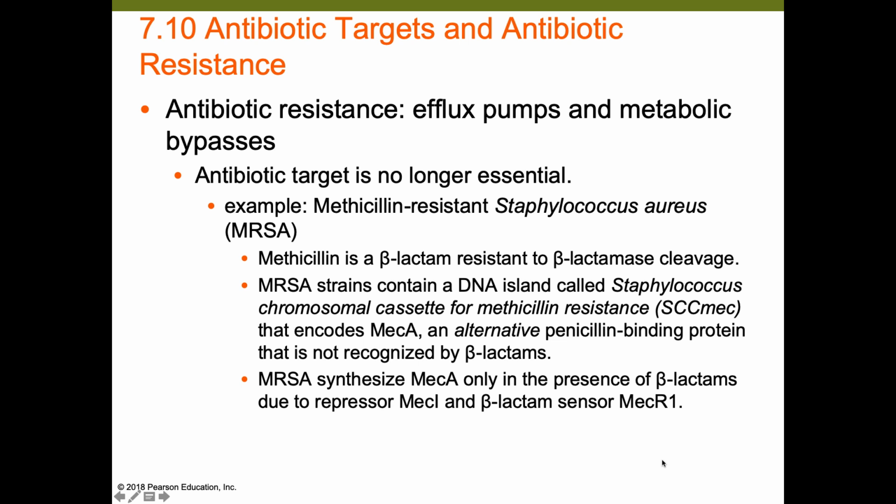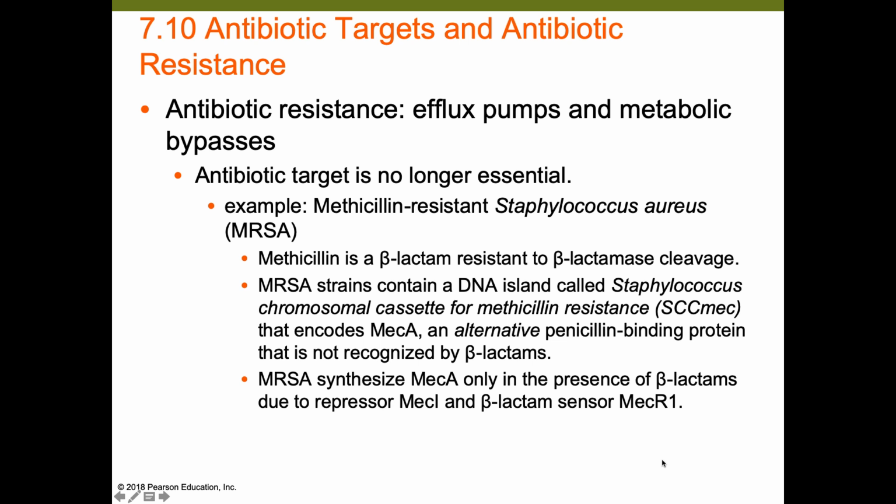I'm going to continue to synthesize my cell wall, and you can just sit over here in the corner. And this is on what we call a cassette, a chromosome cassette. This ends up being another mobile genetic element. These cassettes can copy themselves and pop in and out of the chromosome and can be shared with other species. So that's how methicillin resistance spreads.